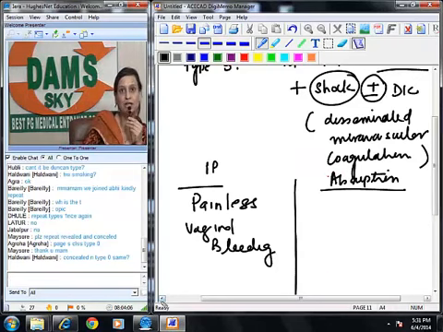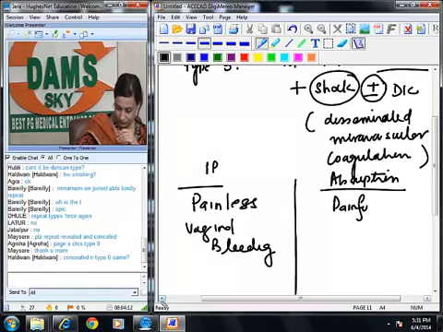So placenta previa presents as a painless vaginal bleeding, whereas abruption is painful.